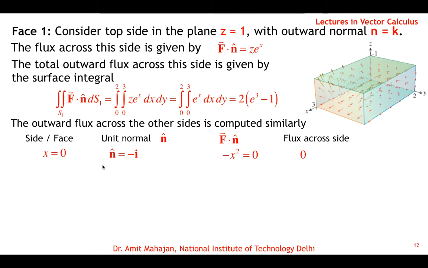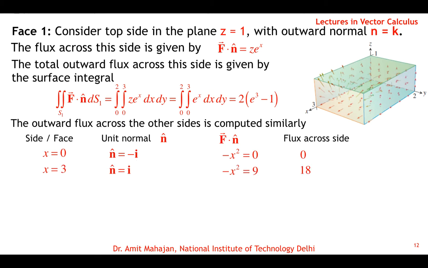So on the surface x equal to 0, this back surface, the unit outward normal will be in the negative x direction, so it will be minus i cap, and so the F dot n value will be minus x square. Because x is 0, this value will be 0. So flux will be the double integral of F dot n over that surface, which is 0, so the flux will be 0 on the back surface.